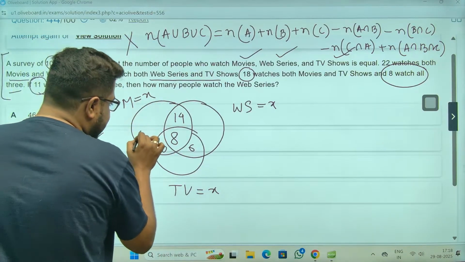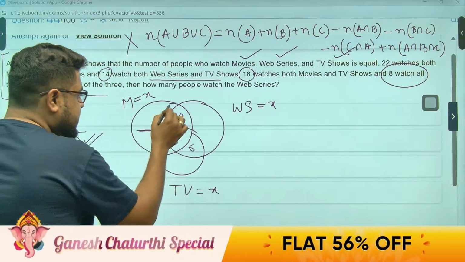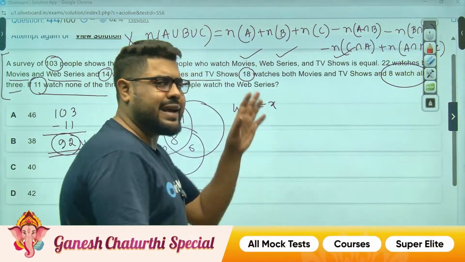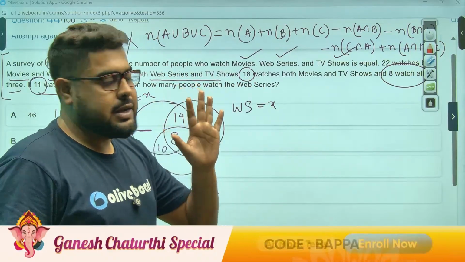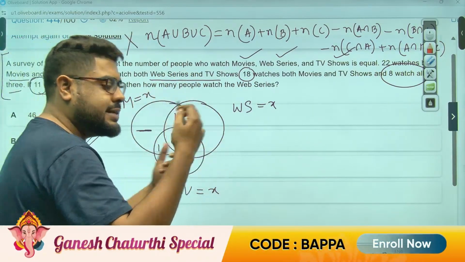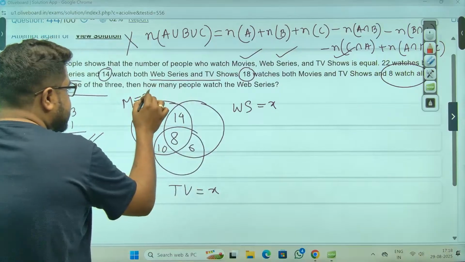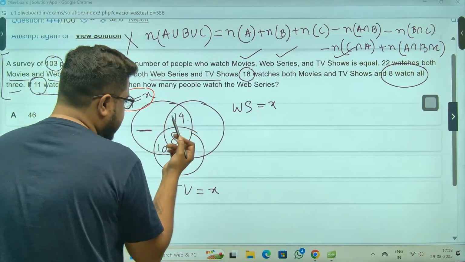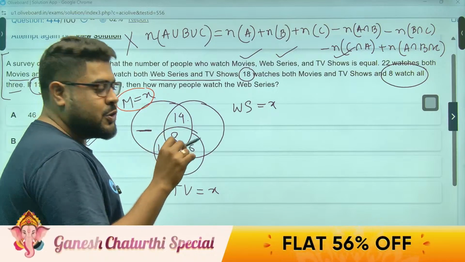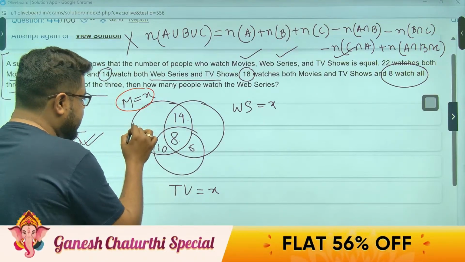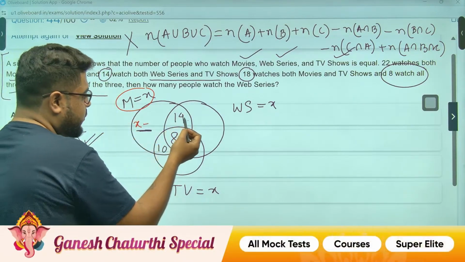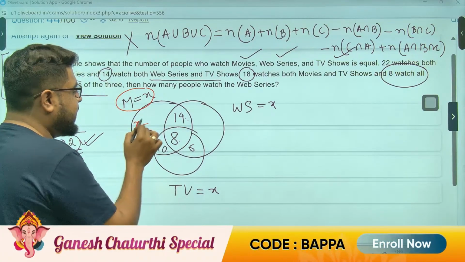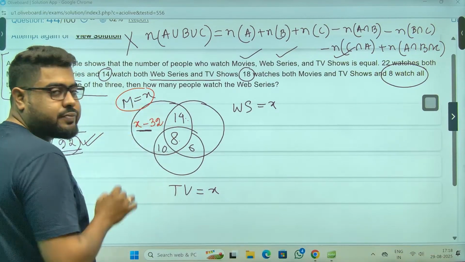Sir, can anyone tell me what this value is? Rather, we are doing it conceptually. It might take us 10 seconds more, I agree, but let's understand so that we can answer any question they throw. This whole circle is x. This is 14, this is 8, this is 10. So this is x minus 14, plus 10 and 14 is 24, 24 and 8 is 32.